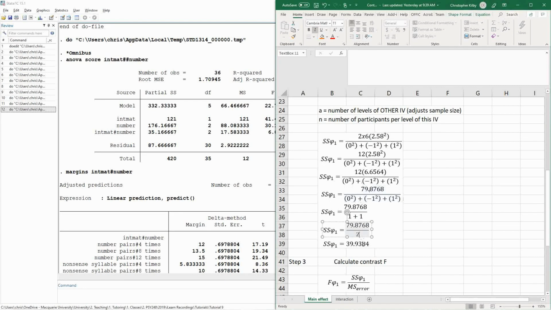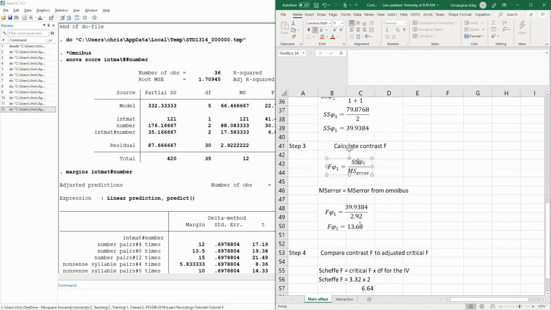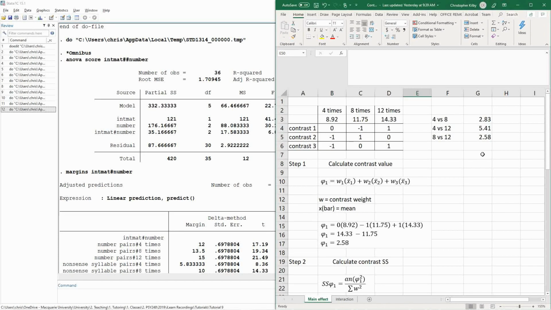So when it's divided by 2, I'll have a larger sums of squares. A larger sums of squares in this formula, the denominator won't change, is actually going to produce a larger F. So my F is only going to get bigger with a bigger difference, which is why I know if this F is significant, every difference larger than 2.58 must also be significant because my obtained F will only get larger.